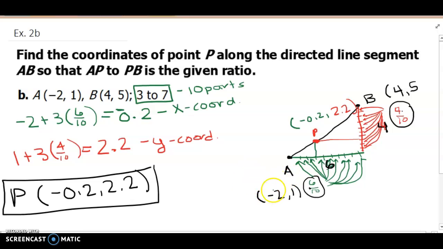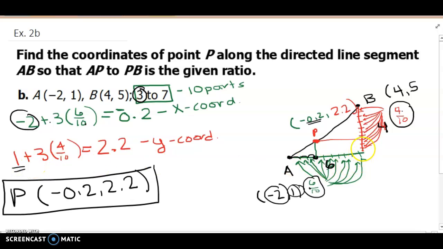Okay, so my X coordinate, I'm starting at -2, and I'm adding, right here, I'm going 3 parts, so I'm adding 3 of the 6/10. And what I get is -0.2. So the X coordinate of my P is -0.2. And then my Y, my up and down, I start at 1.